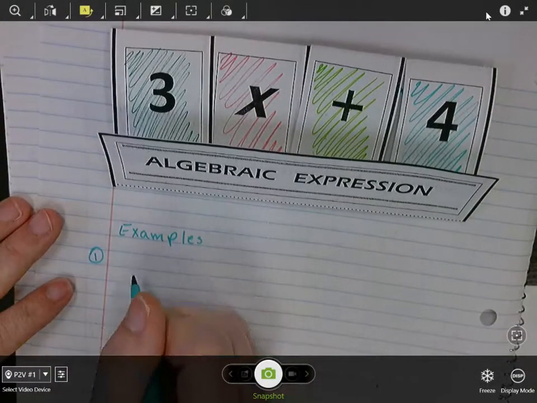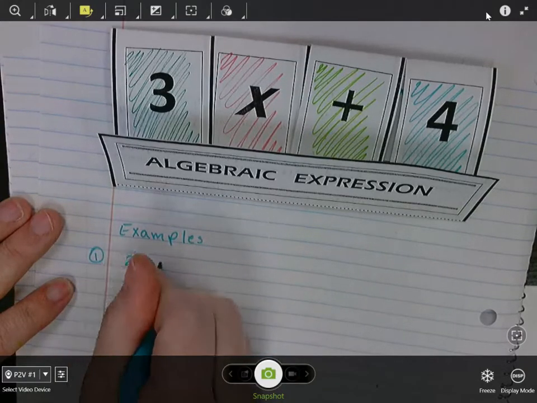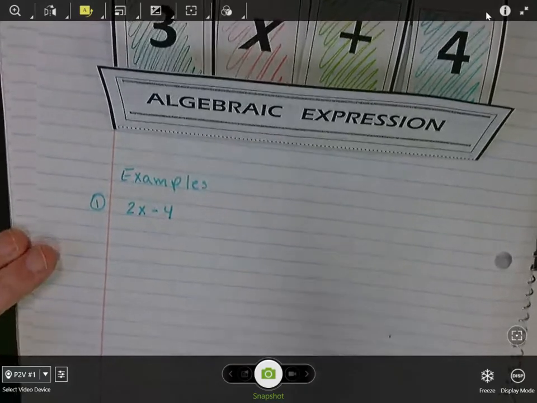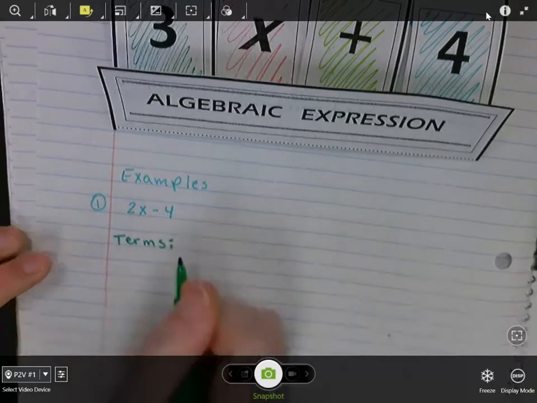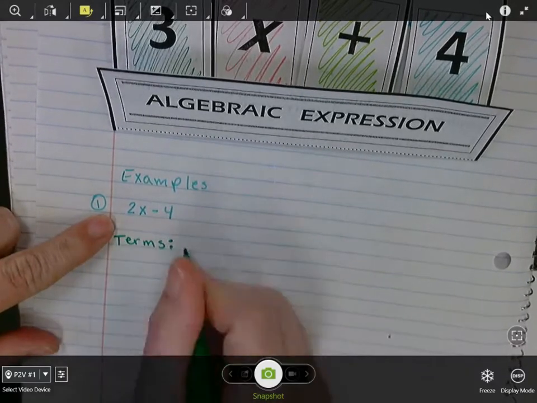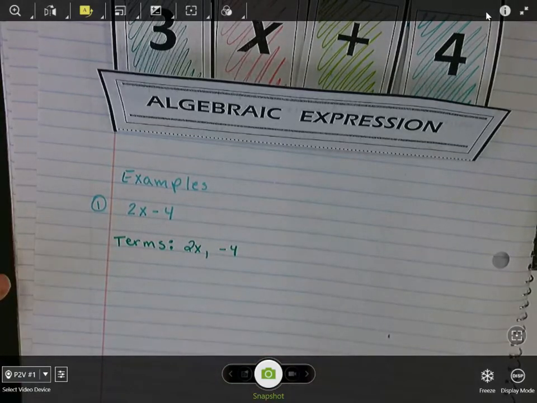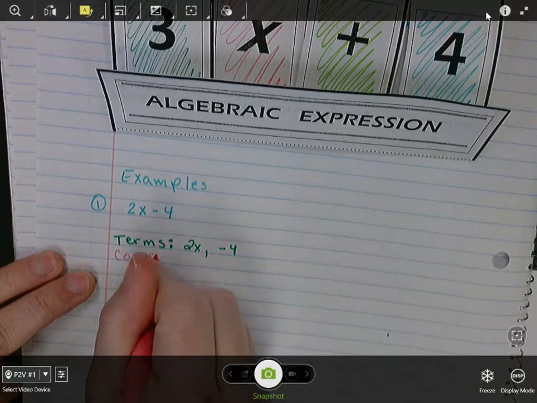All right, so example 1. We have the algebraic expression 2x minus 4. All right, so the first thing we're going to do is list the terms. The terms would be 2x and negative 4. Those are the terms. Okay. Coefficients, that's the numbers that are being multiplied by the variables.